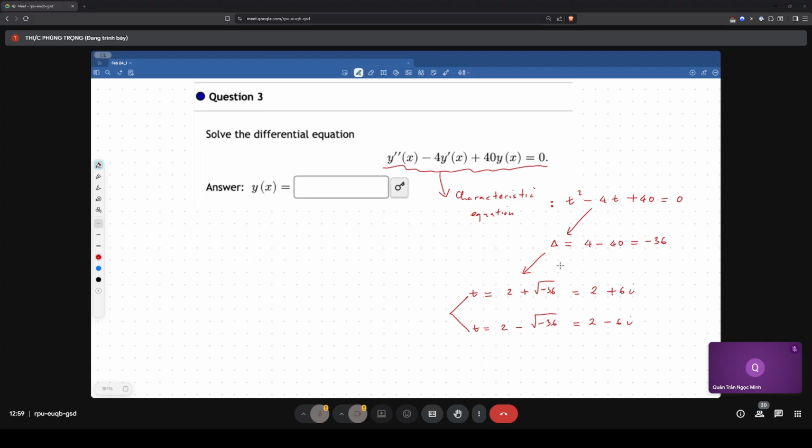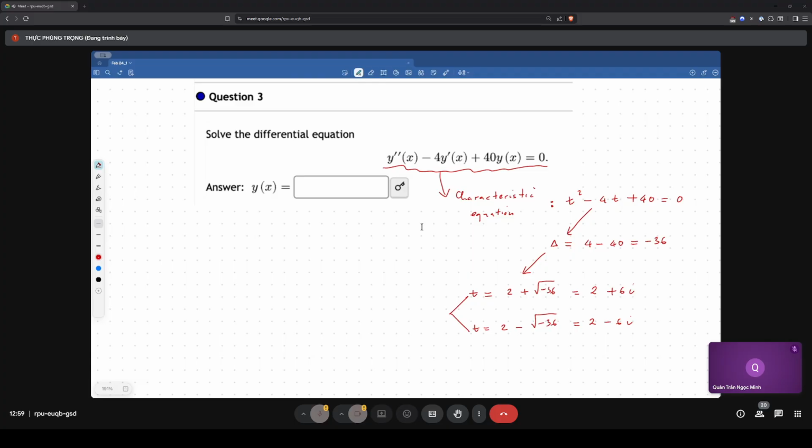But this time we apply the formula. We don't need to go through setting v equals something. We apply the formula this time. And we fall in this situation. The first situation is when you have 2 distinct real roots, but we are not that. The second one is when you have only one repeated real root, meaning that you have only one root.